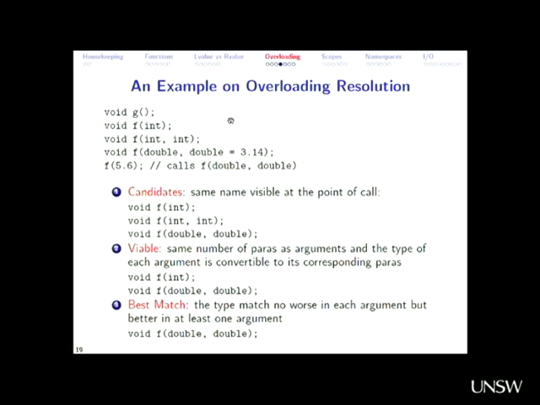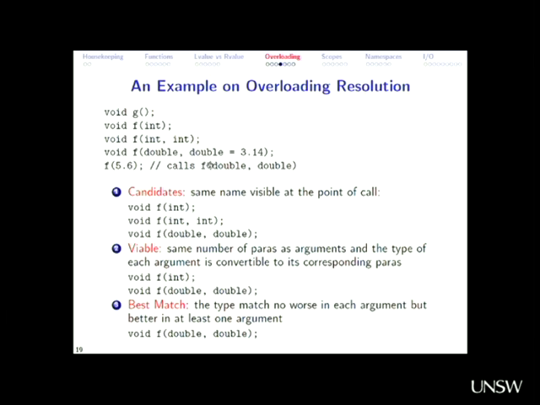Here's an example. We have a declaration for G, a declaration for a void F that takes an int, a declaration for F that takes an int and an int, and a declaration for F that takes a double and a second double that has a default value. If we call F with 5.6, this last one gets called.